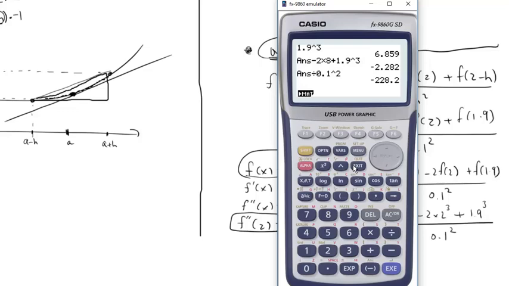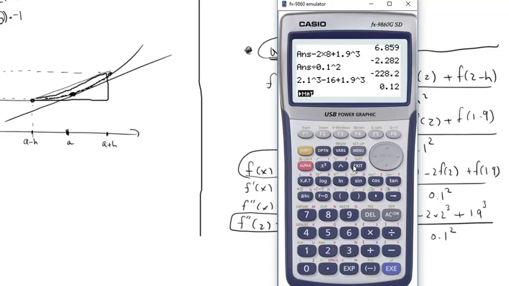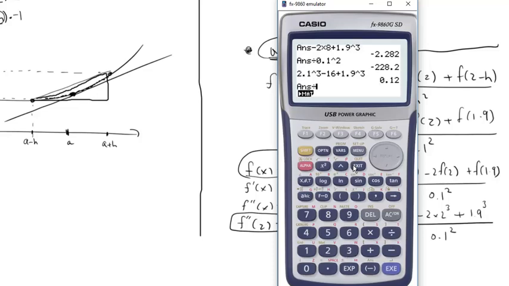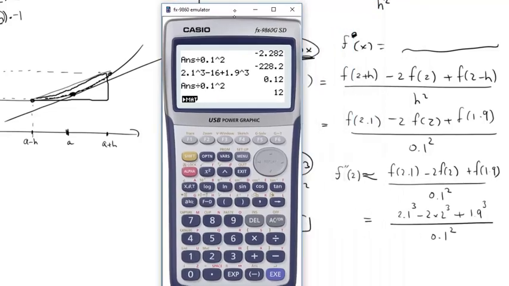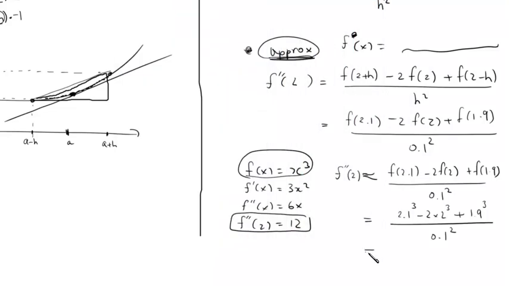Did I do it right? Actually, no, I did it wrong. Sorry. So that's 2.1 to the power of 3 minus 2 times 2 to the power of 3, which is 16, plus 1.9 to the power of 3. That gives 0.12, divided by 0.1 to the power of 2, which is exactly 12.